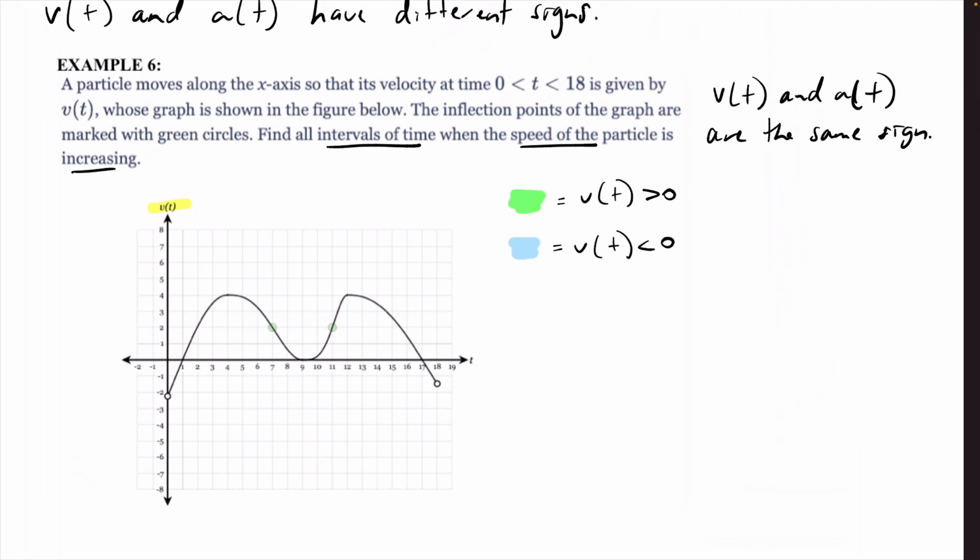If it's the first derivative graph, and they're asking us about velocity, that's just the y values again, right? So when are the y values positive and when are the y values negative? Well, it starts negative, and then we go to positive. We don't cross, we keep going positive until 17, and then we switch over to negative just a little bit.